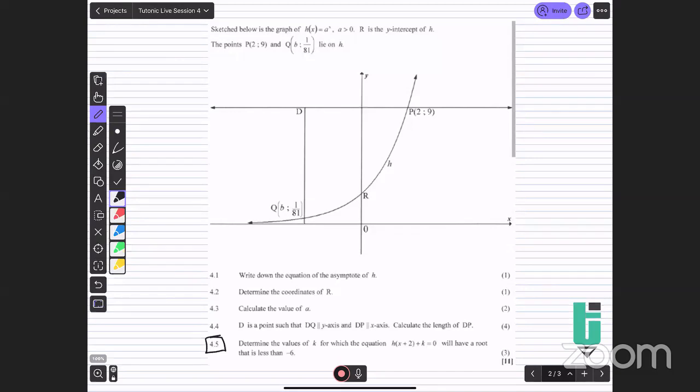What type of graph is this? Exponential. It's an exponential graph.